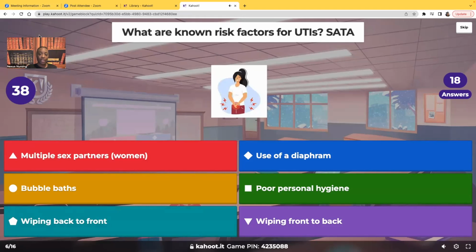What do you think are the risk factors for UTI? Come on, guys. I'm waiting for about 15 more answers. Some of you still thinking?